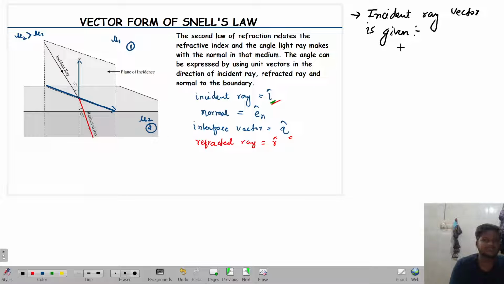So first tell me, if the incident ray vector is given, can you find the normal vector? How to get the normal vector?